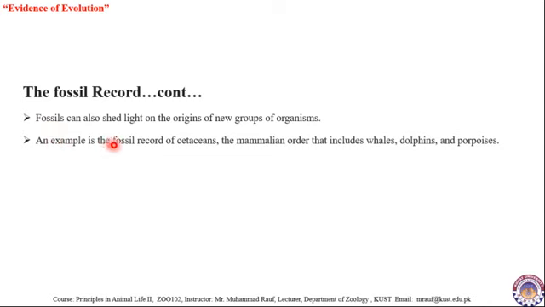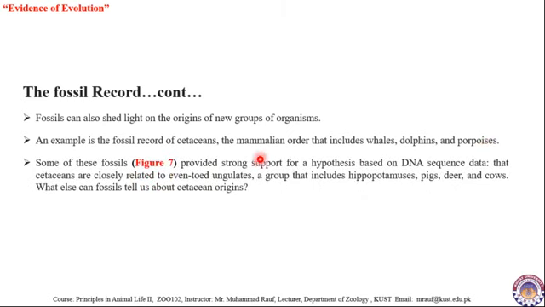An example is the fossil record of cetaceans. Cetacean is a group of aquatic mammals, the mammalian order that includes whales, dolphins, and porpoises. Some of these fossils provide strong support for a hypothesis based on DNA sequence data.